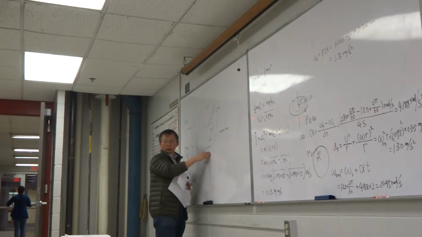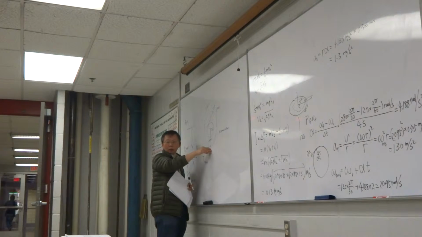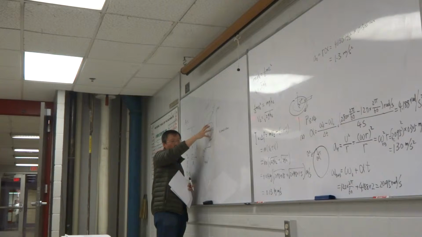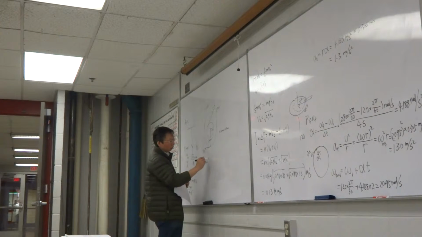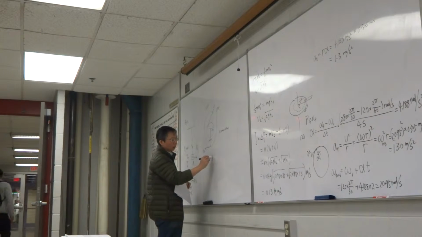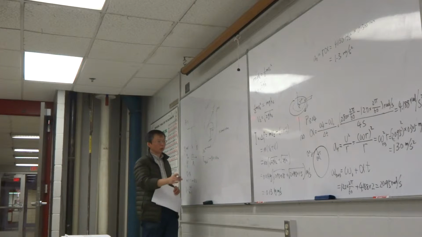For the direction of that torque, you look at that force, which is going to rotate this wheel clockwise. So that torque is negative: negative 18 newtons times 0.24 meters. That's the torque for this force.